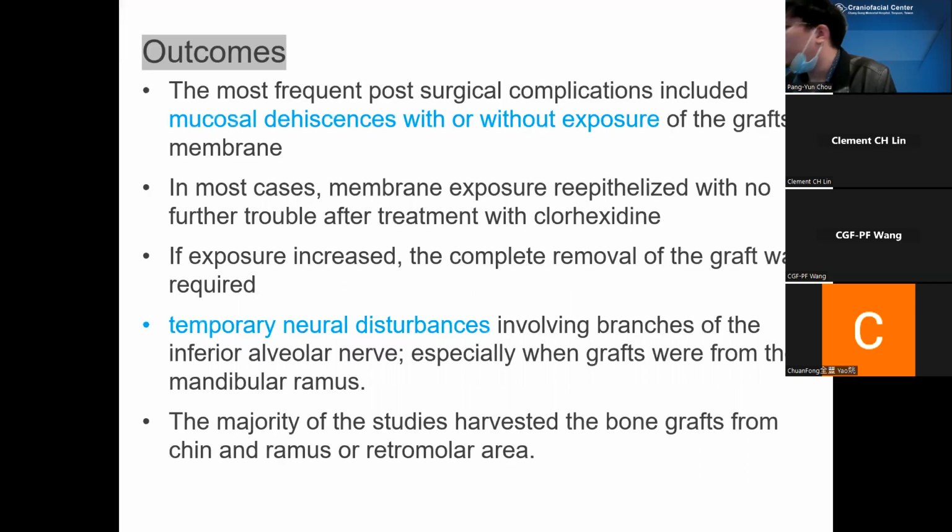The most frequent post-surgical complications included mucosal dehiscence, with or without exposure of the membrane of the grafts. In most cases, the membrane exposure could re-epithelialize without further trouble. And there was a temporary neural disturbance involving branches of the inferior alveolar nerve, especially when grafts were from the mandibular ramus.